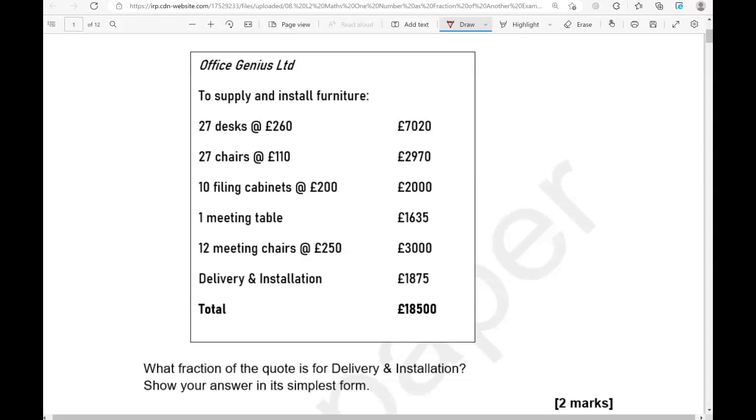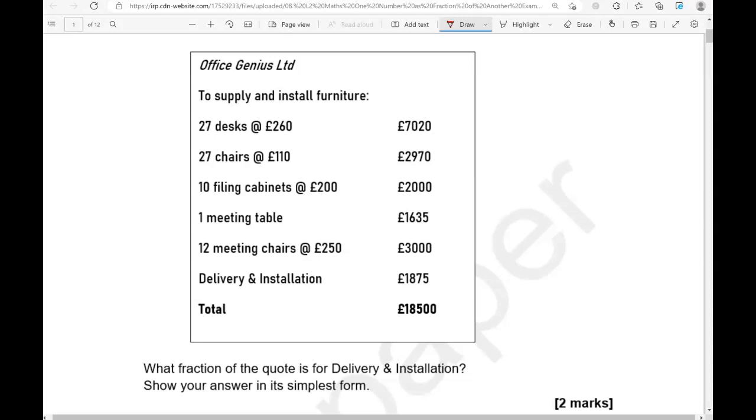That costs £2,970. 10 filing cabinets at £200, which costs £2,000. 1 meeting table, £1,635. 12 meeting chairs at £250, which in total costs £3,000. Delivery and installation, £1,875. Total, £18,500. What fraction of the quote is for delivery and installation? Show your answer in its simplest form.